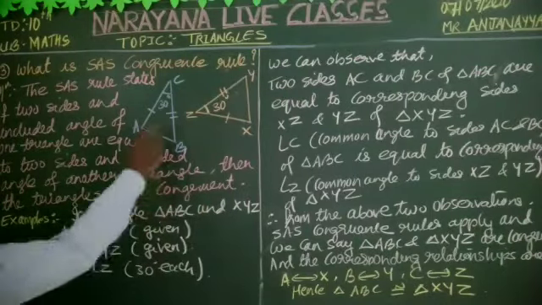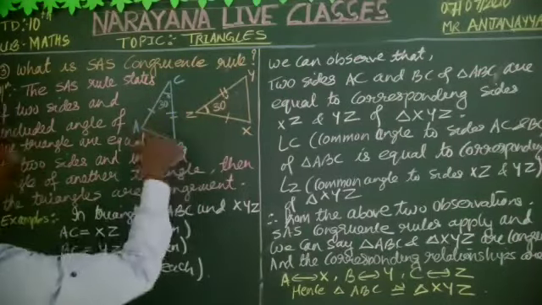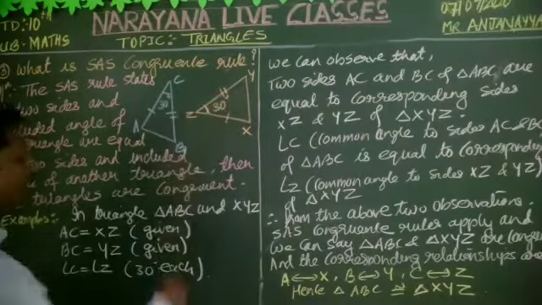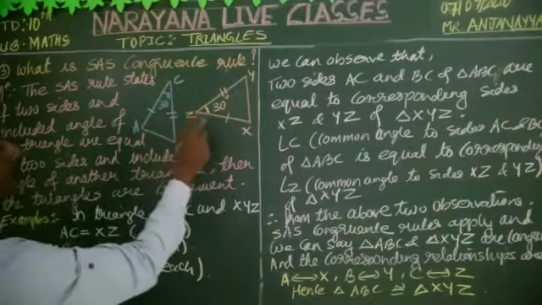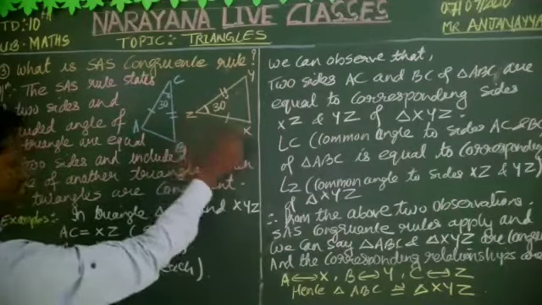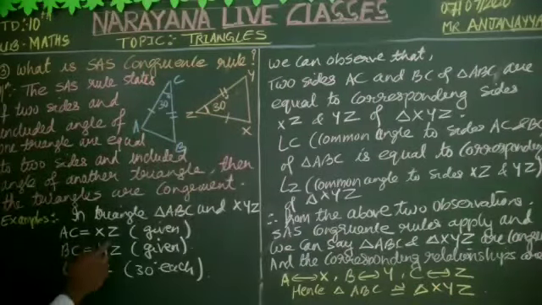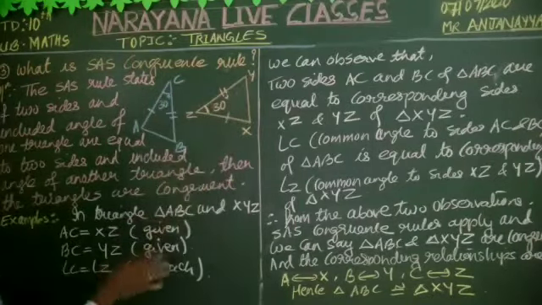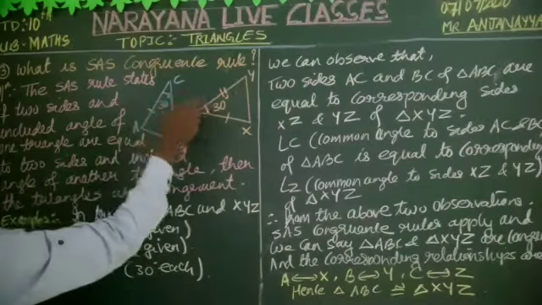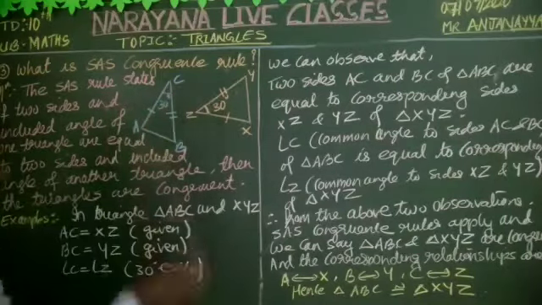Now I consider one example, triangle ABC and triangle XYZ. In that we know AC is equal to XZ, given, and BC is equal to YZ, given, and the included angles are congruent. Angle C and angle Z are congruent because each is 90 degrees.